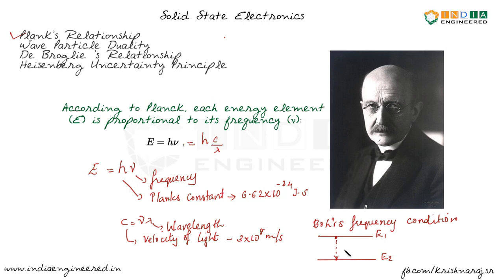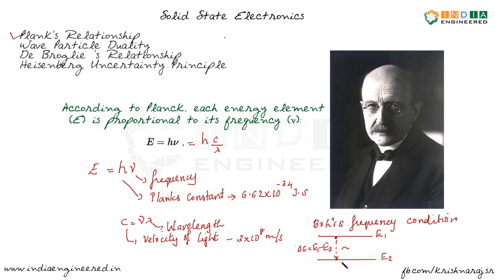The energy that is released could be released as a photon, and the wavelength associated with that photon is given by Bohr's frequency condition, which is a direct consequence of the Planck-Einstein relationship. Let's say this energy difference, E1 minus E2, is delta E. That is simply the energy difference between these two energy levels.